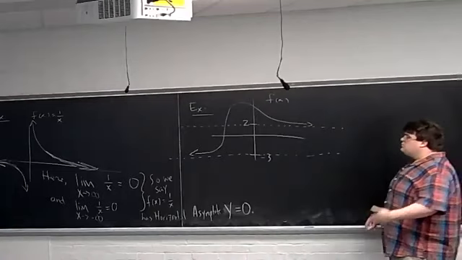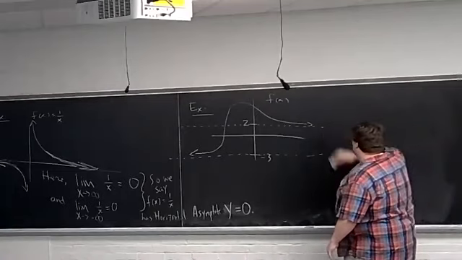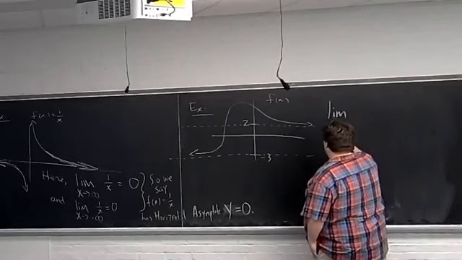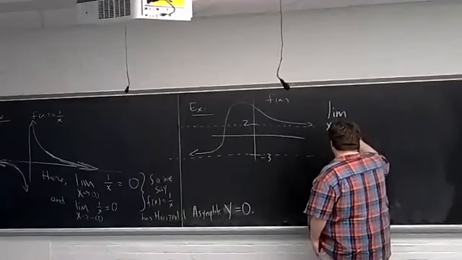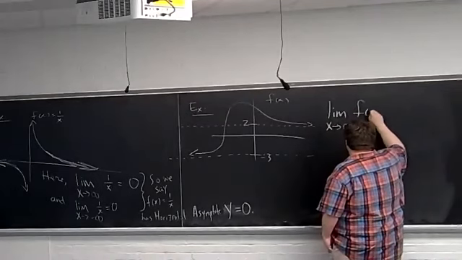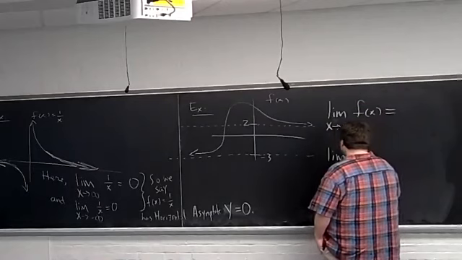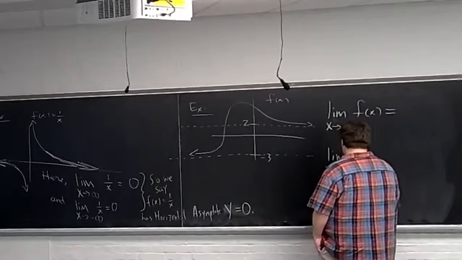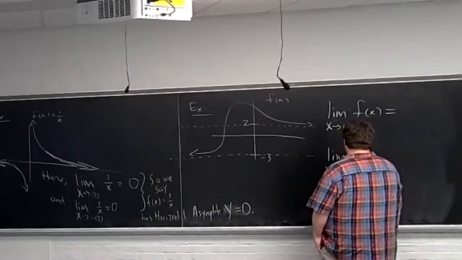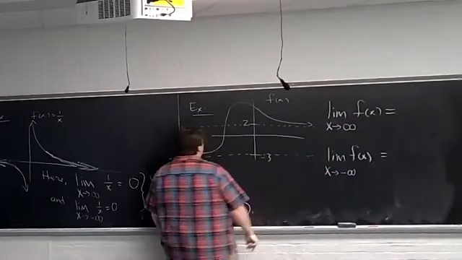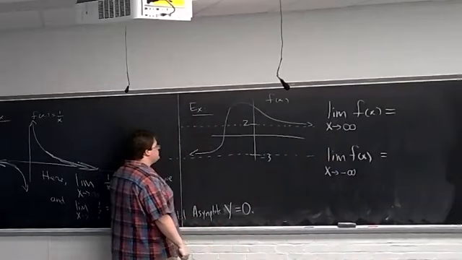So we'll ask 2 questions here. What is the limit as x approaches infinity of this function? And what is the limit as x approaches negative infinity of this function? Well, what happens as x approaches infinity?